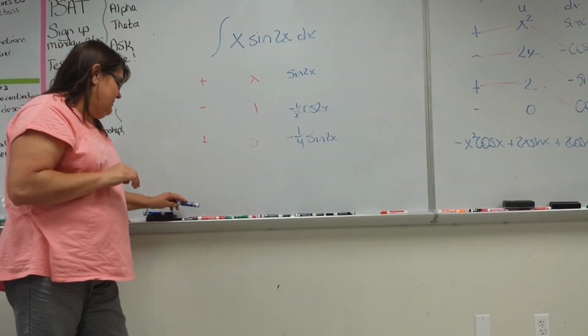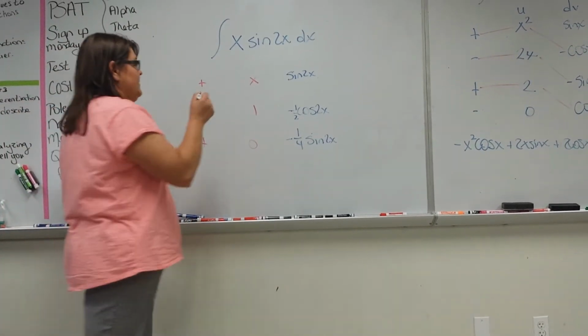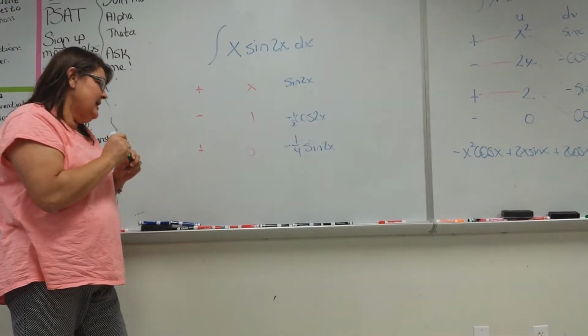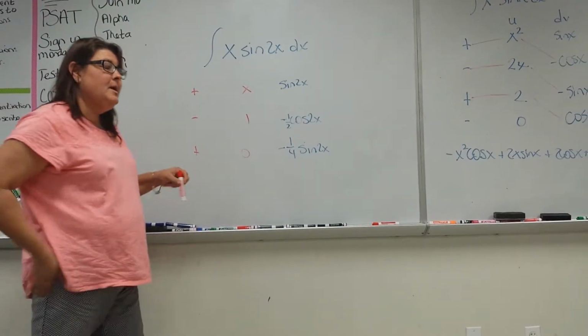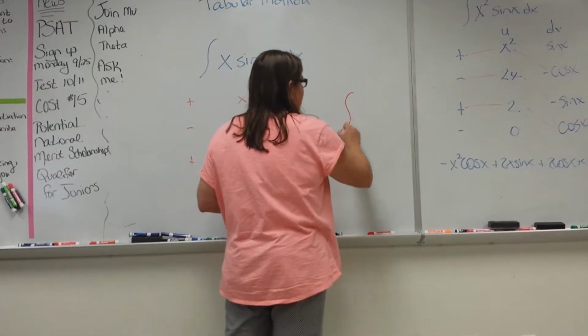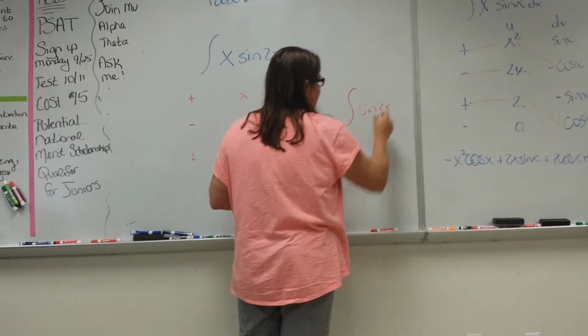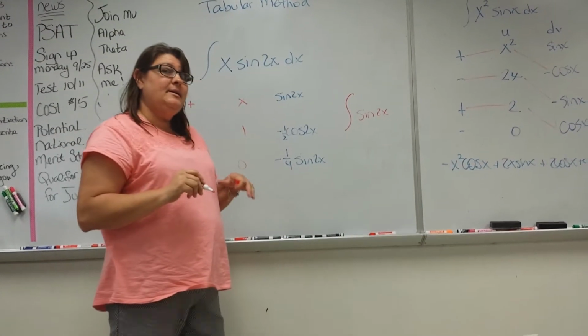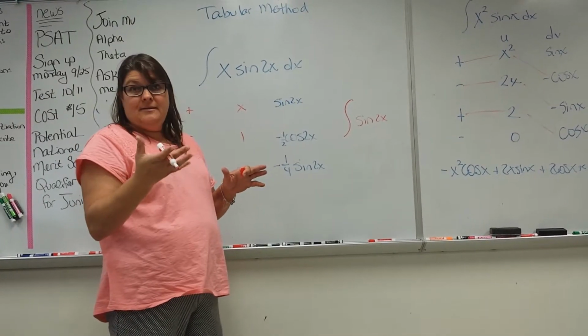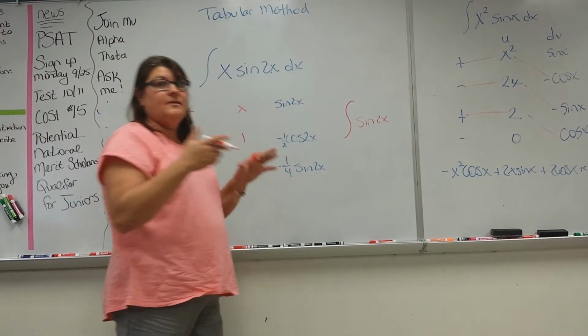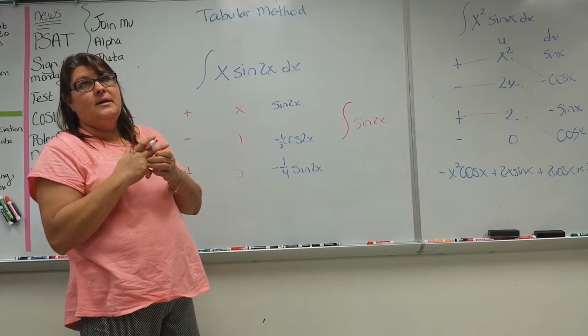Can you explain that real quick? The whole 1/4 thing. So the integral of sine of 2x: for me to take the integral of sine x, it would be negative cosine.